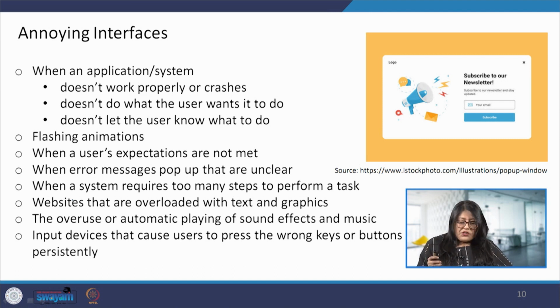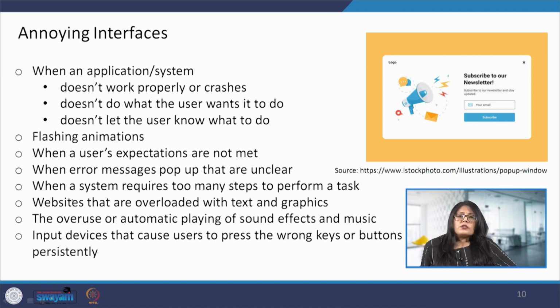Also, flashing animations. We saw in the previous slide how some of the expressive interfaces can be helpful, but when we use too much of those, when they are flashing everywhere on the screen or flashing too much, they cause distraction and annoyance.